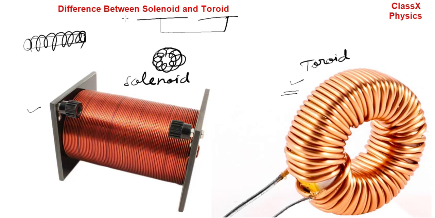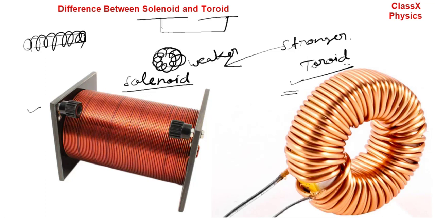What is the difference between solenoid and toroid? The difference is that the magnetism of a toroid is stronger than this. This is stronger and this is weaker. So a solenoid produces weak magnetism and a toroid produces stronger magnetism.